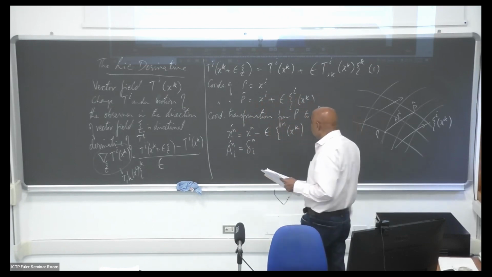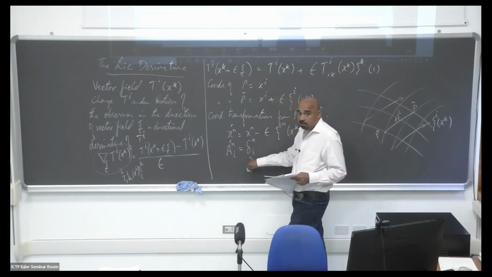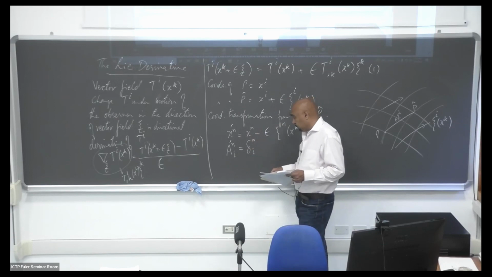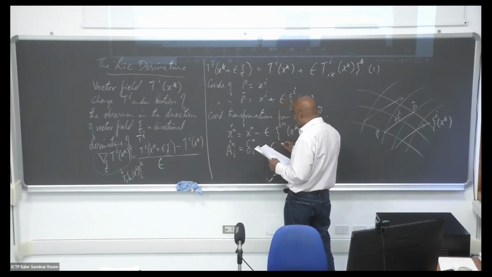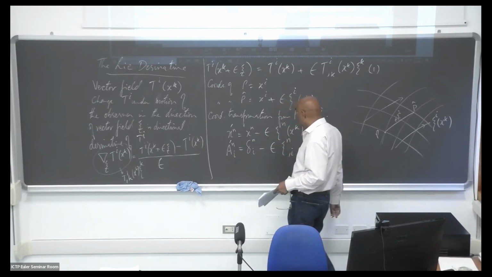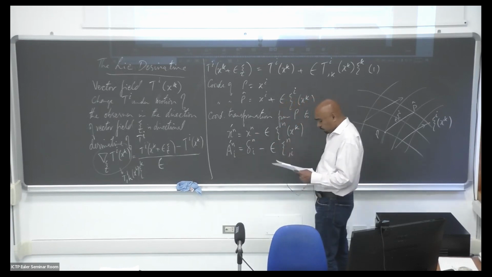So the matrix of the partial derivatives of the new coordinates with respect to the old coordinates. So this will be n comma I. So now this will be an object with two indices.